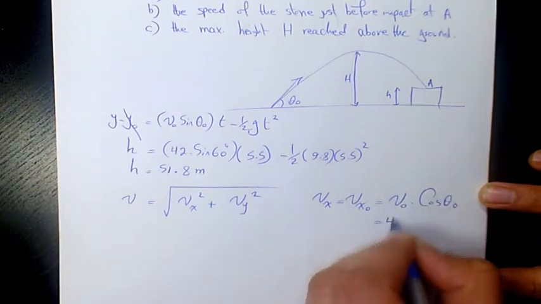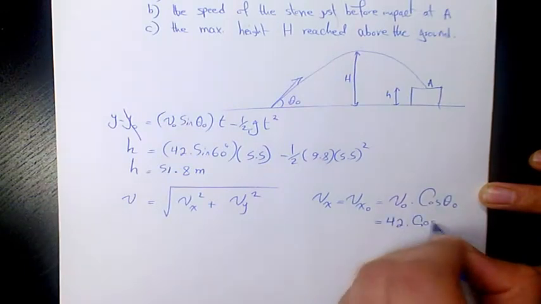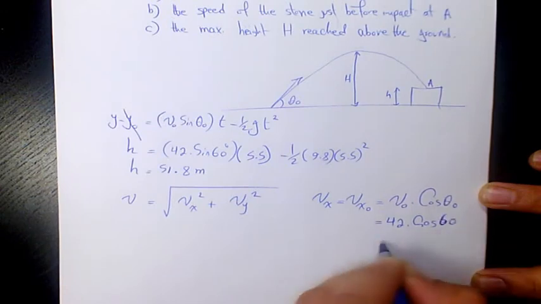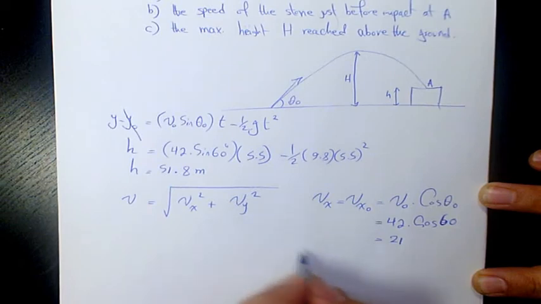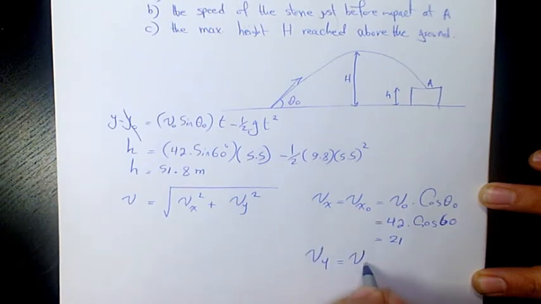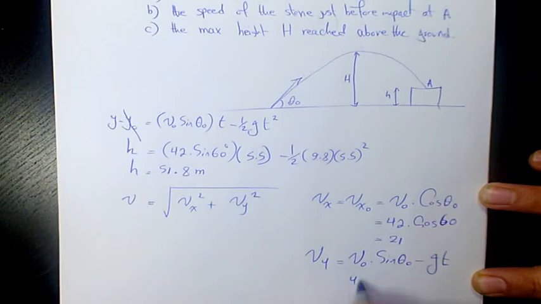That is 42 times cosine 60, which is 21, and Vy is Vy naught, which is v naught sine theta naught, minus gt, which is 42 times sine 60 minus 9.8 times 5.5.